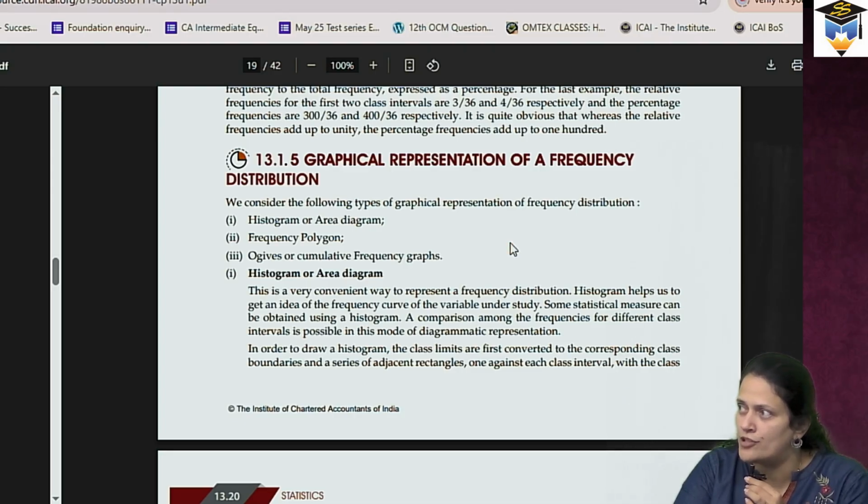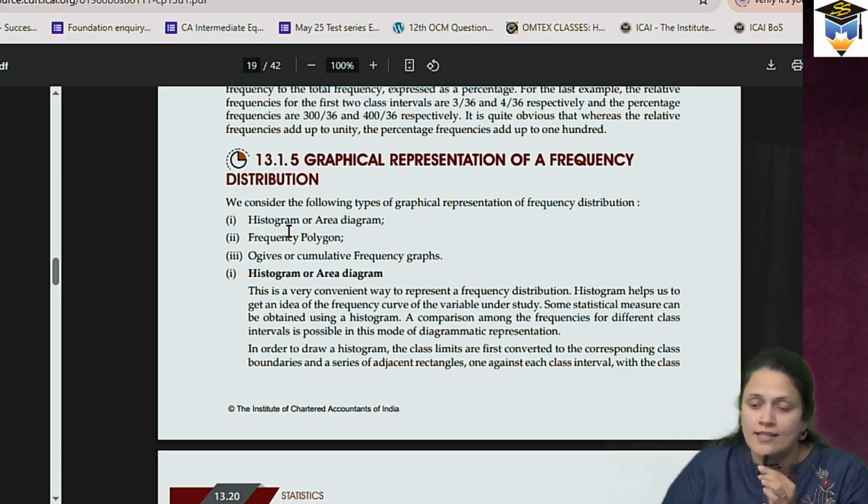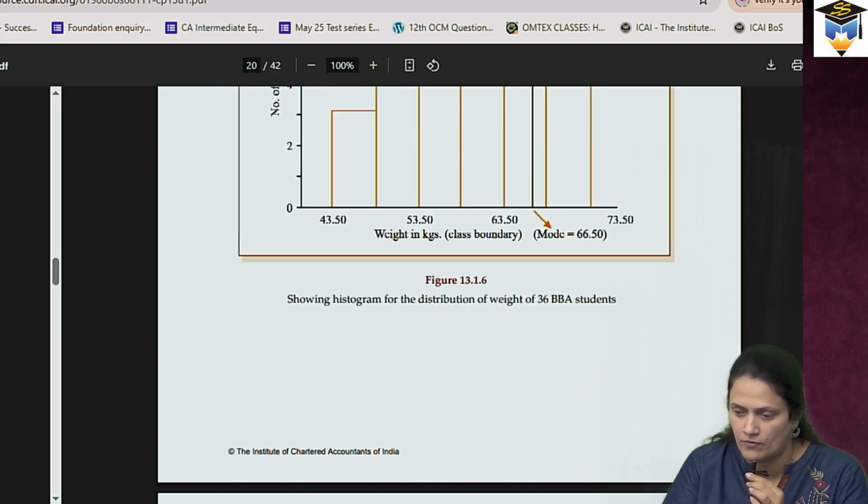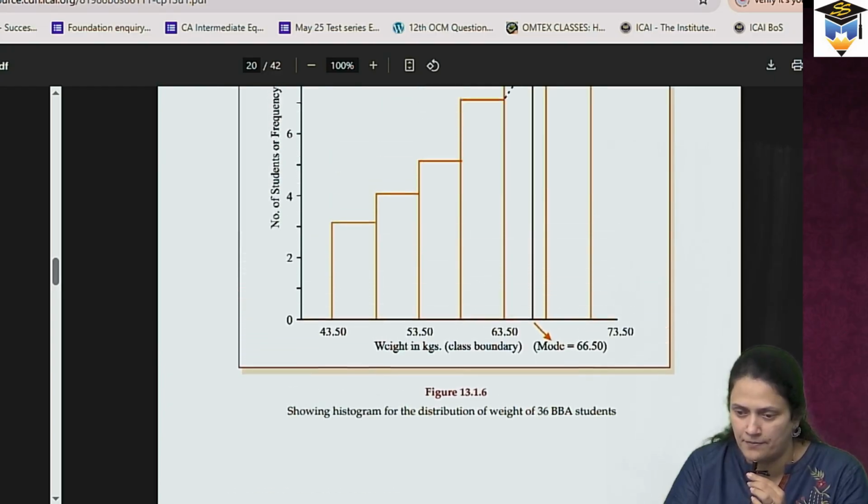Graphical representation of frequency distribution, and give the heading as histogram.